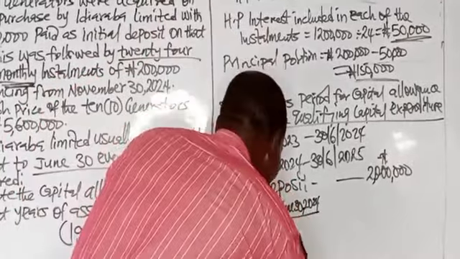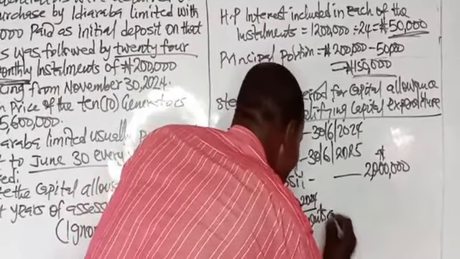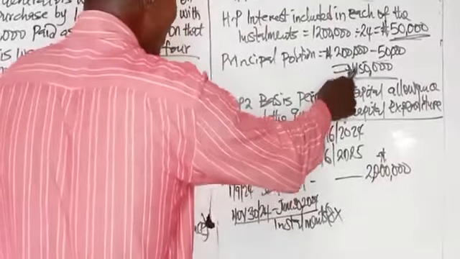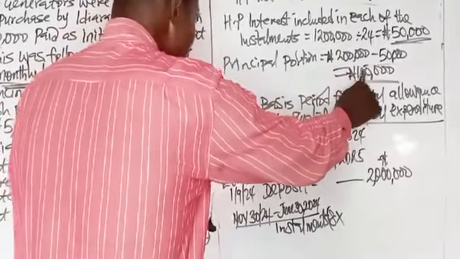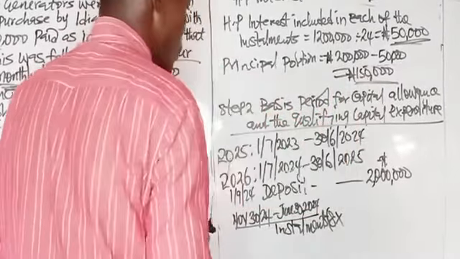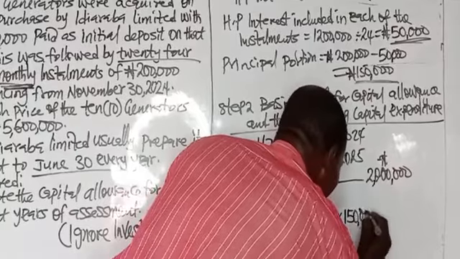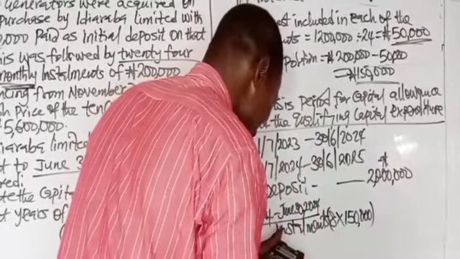So the installments is how much? 8 installments. 8 times. We said the principal element is what we are going to use, the principal portion. This principal portion per installment is 150,000. So we have 8 times 150,000.